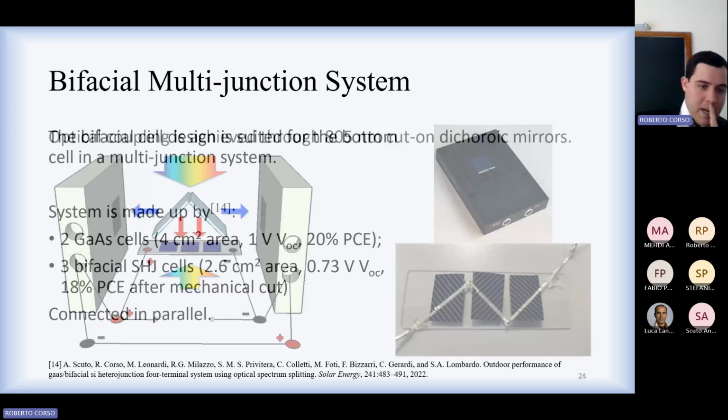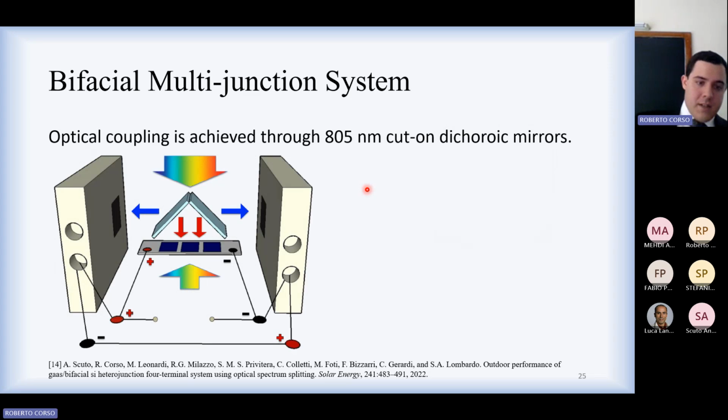Now, since these are already complete systems, it is not possible to deposit one on top of the other. So the system is mechanically separated, and the optical coupling is achieved by installing two dichroic mirrors at an angle of about 45 degrees.